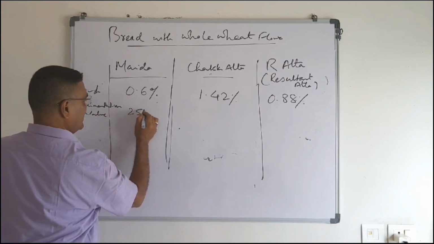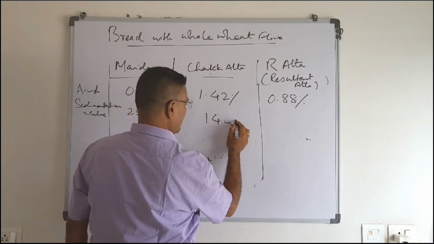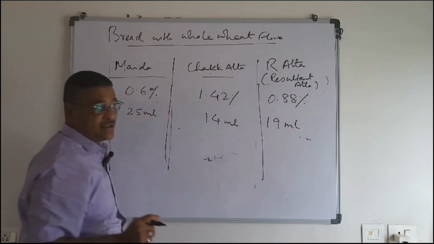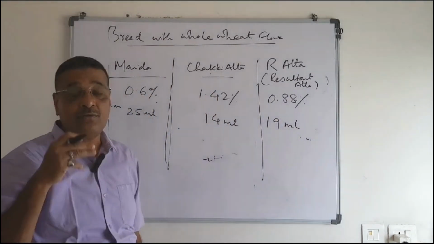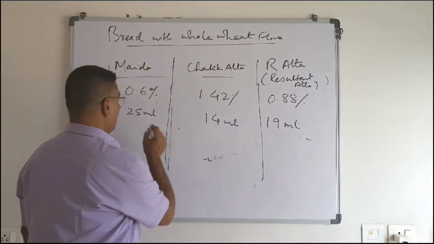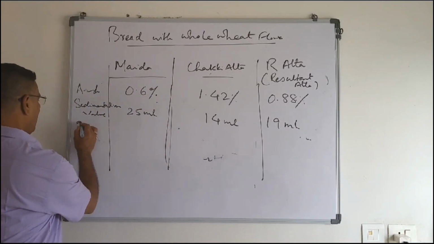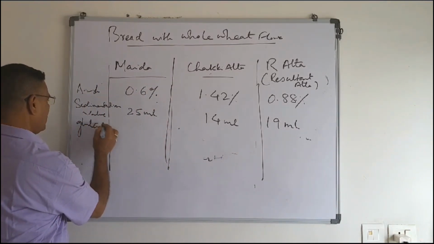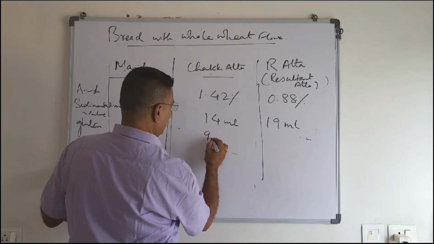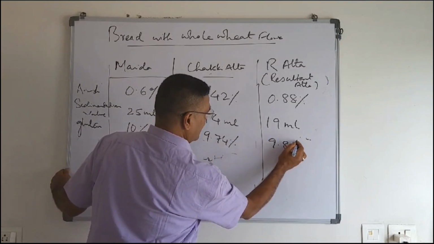Let's say this is 25 ml, this is 14 ml, and this is 19 ml. Sedimentation value is the factor through which you know that the bread will get a decent volume. So higher the sedimentation value, the better it is for bread. Then you have gluten. Let's say this is 10%, this will be 9.74%, and this will be approximately 9.8%.